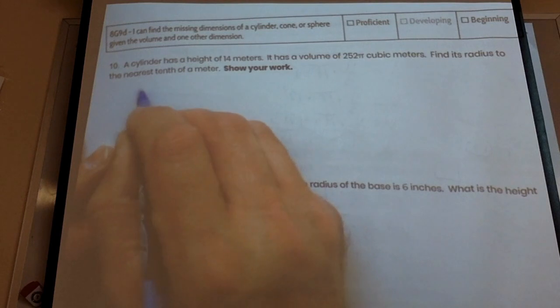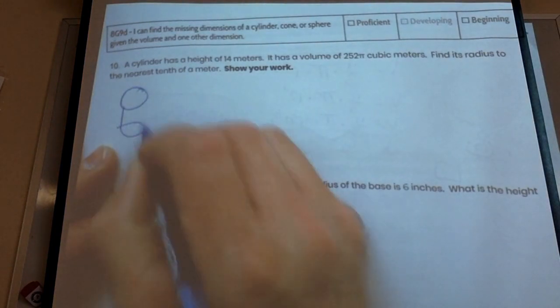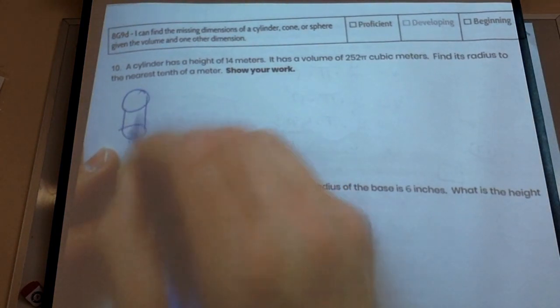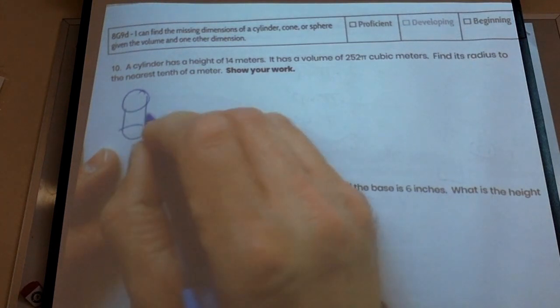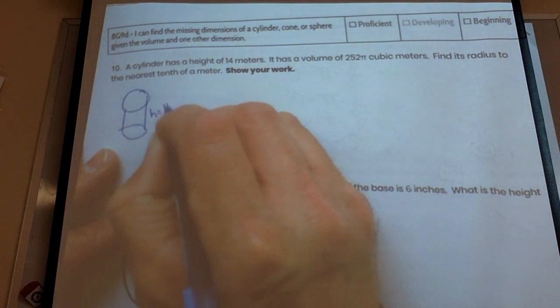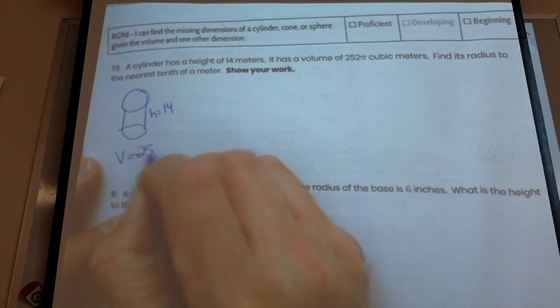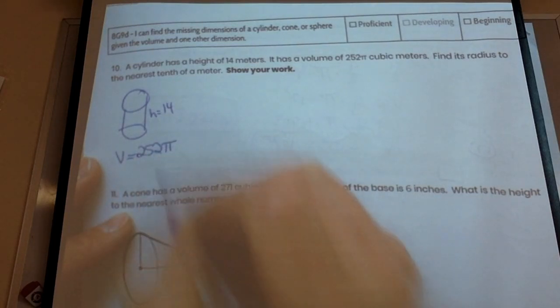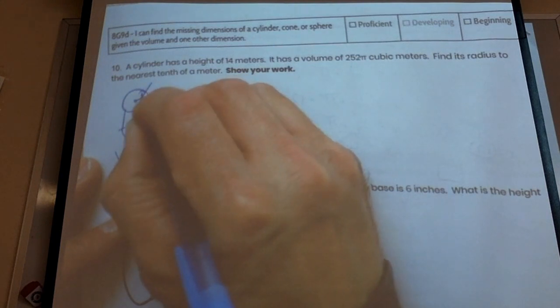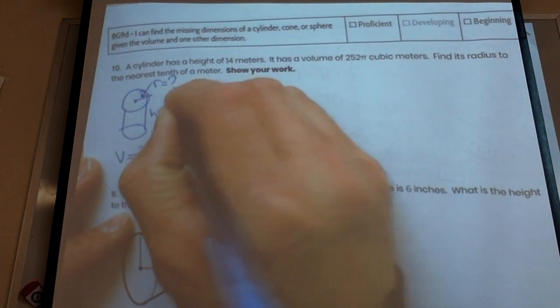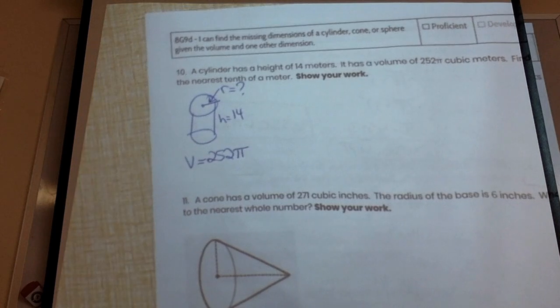So we have our cylinder. It says our height is 14. Our volume is 252 pi. But we don't know our radius. That's what we need to find. I'm going to put a question mark there. So we know 2 of the 3 things.